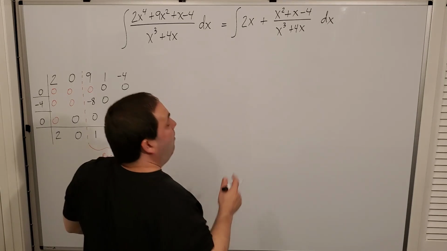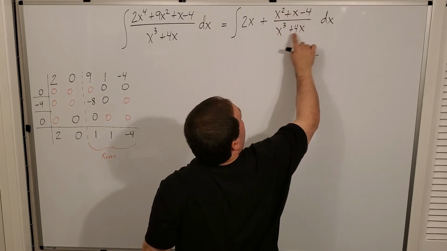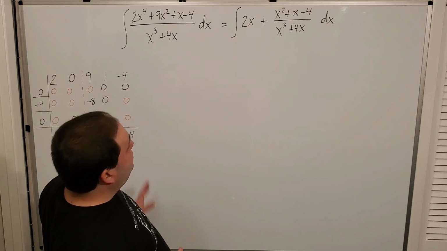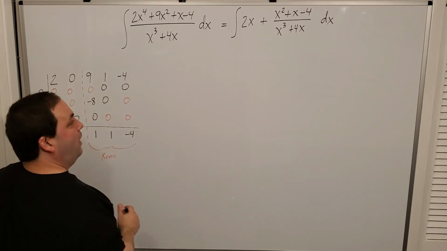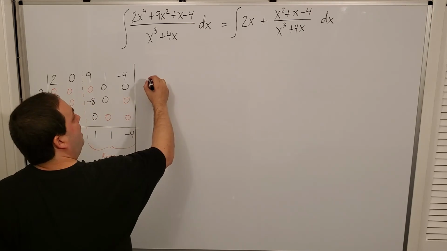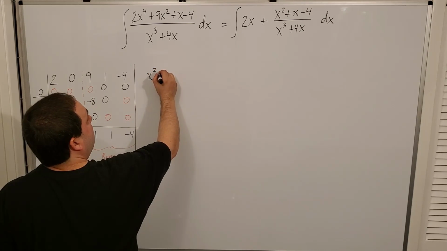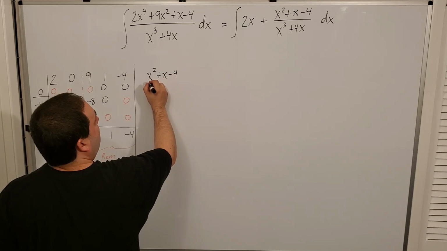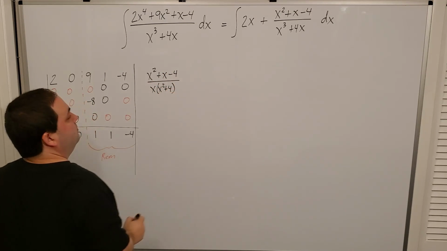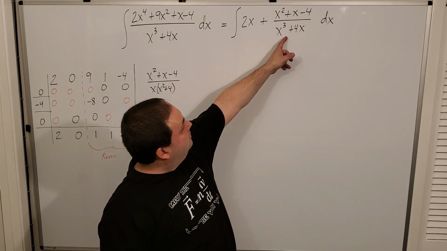But I can't integrate this yet. It's not broken up enough. I now need to move on to a partial fraction decomposition. So I've got x squared plus x minus 4 over x times x squared plus 4, because I factored out the denominator there.